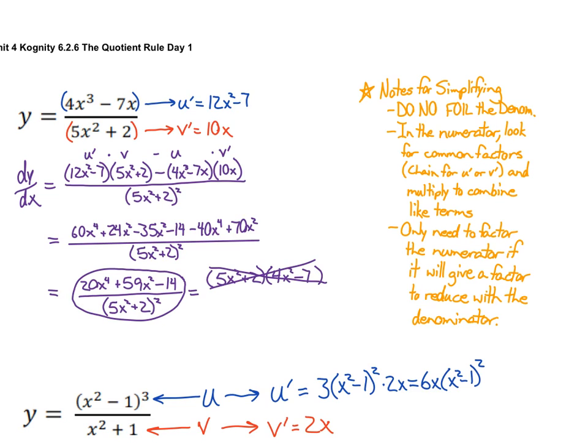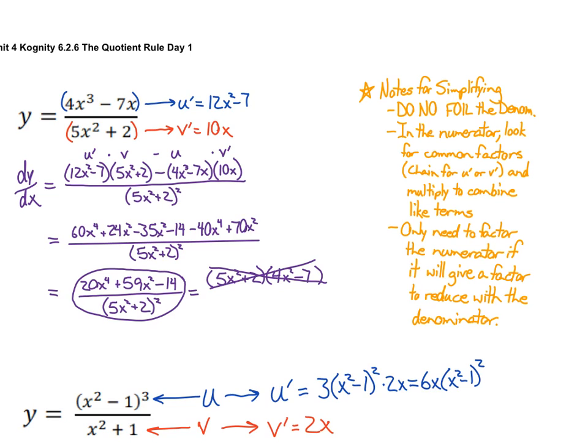Okay? Now you'll notice here, I tried factoring the numerator, but I only tried it once. I'll actually show you this part. In order for factoring in this case to be useful to us, it'll only be useful if one of the factors is identical to the 5x squared plus 2, because then I could cancel one of them out. Alright?